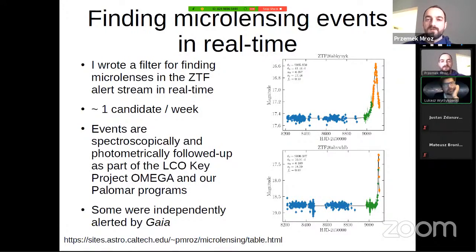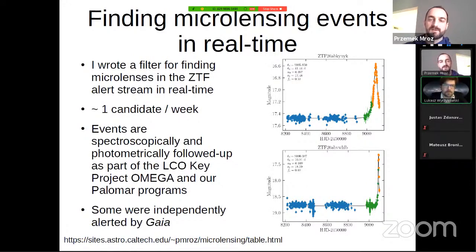And actually, it turns out to be really important because we found that there's quite a lot of contamination, for example, from AGNs located behind the galactic plane. They can mimic long timescale microlensing events pretty well. What I want to point out is that some of those events were independently alerted by Gaia, but because of the poor sampling of Gaia, the Gaia team could not recognize them as good microlensing candidates.